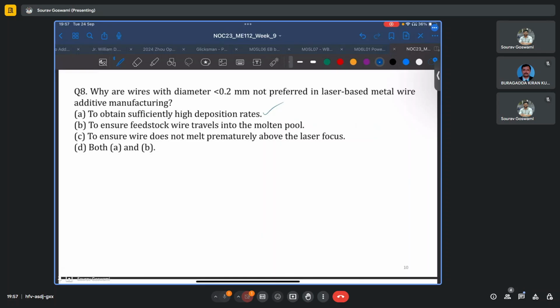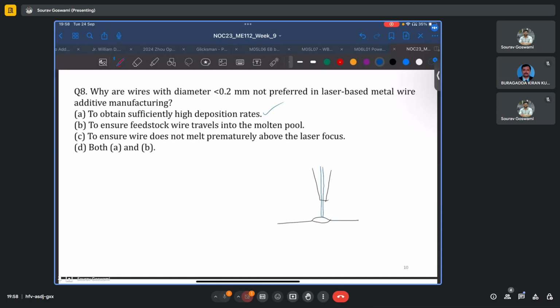Is it to ensure that the feedstock wire travels into the molten pool? So what happens is, typically your wire will be in the form of a spool, and it will be under tension, of course, and it will be unwound from the spool and fed into your deposition system. Now, typically you want your wire to flow directly into this melt pool.